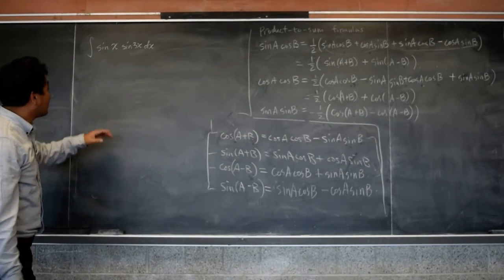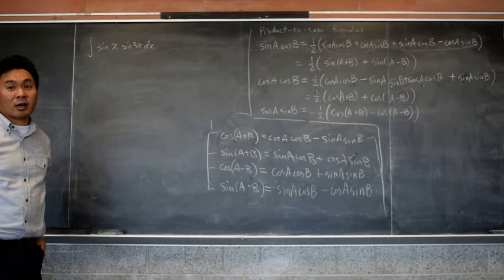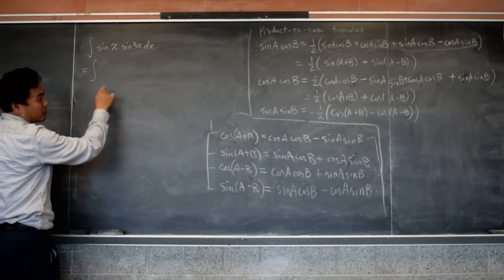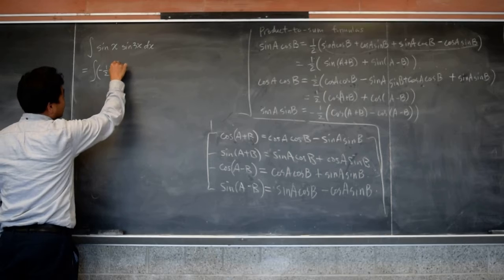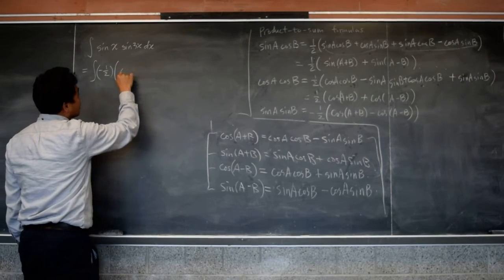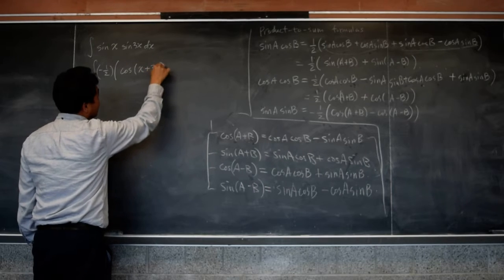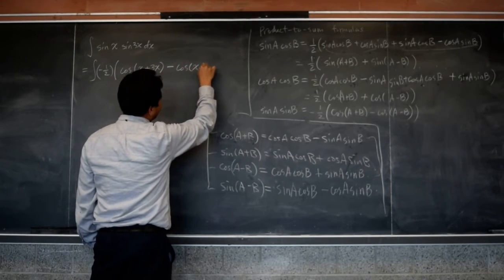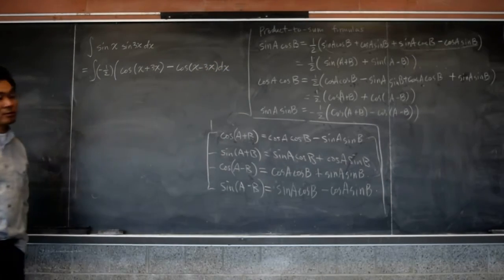Okay, so for example, I needed the integral of sine x times sine 3x. How would you do this? You apply the formula that we just had over there, which is negative 1/2 of cosine of x plus 3x minus cosine of x minus 3x. That's what it says, right?